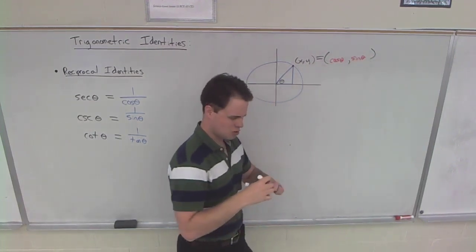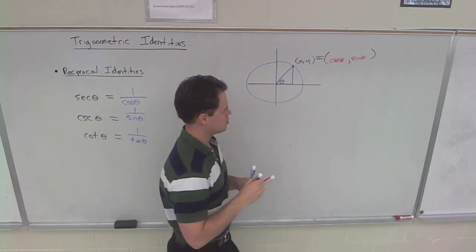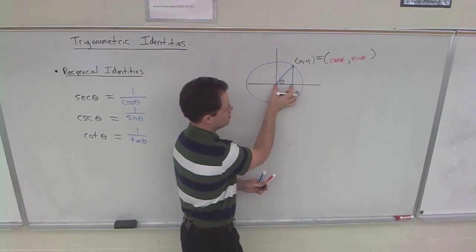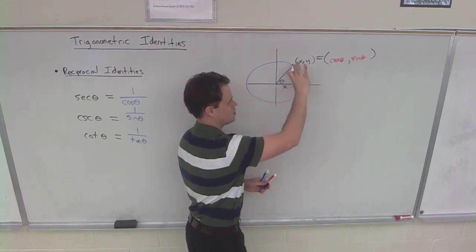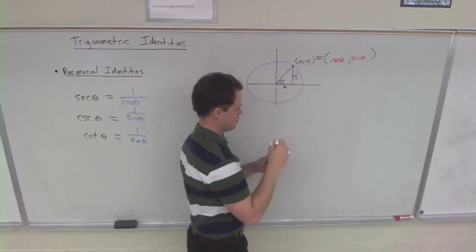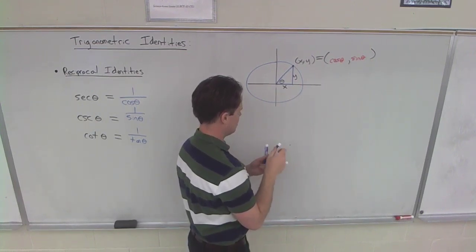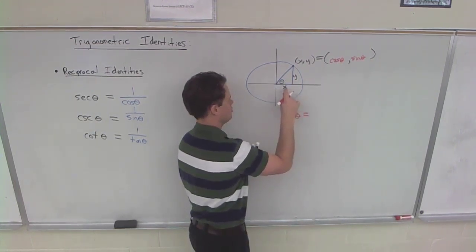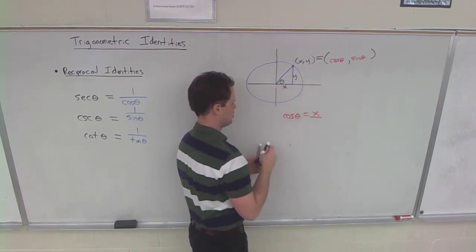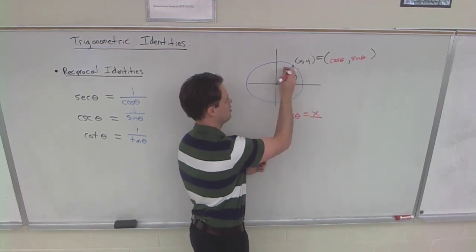Now, why was that again? Let's remind ourselves of why that was. It's because if you looked at this triangle, how far is this? It's x, very nice. How far is this? y. But then we said, if you take a ratio and you go cosine of theta, you do adjacent over hypotenuse. What's the hypotenuse on this guy?